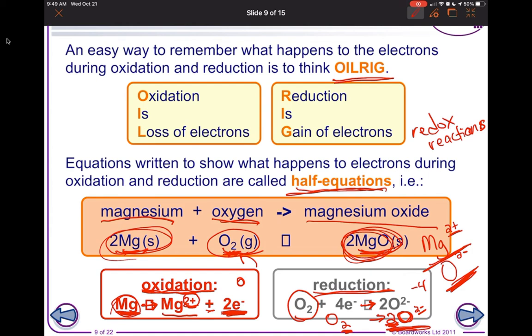So I have to have my sides equal, and the only way you can equal out when it comes to charges is by adding electrons. You can never take away. So that's why over on this left-hand side of my equation, I added 4 electrons, because then my overall charge over here is going to be -4. Because remember, anything that's in its elemental state, which is its pure state, has a 0 charge. So this oxygen there doesn't have a charge. It's 0. So now this side is -4 and this side is -4.